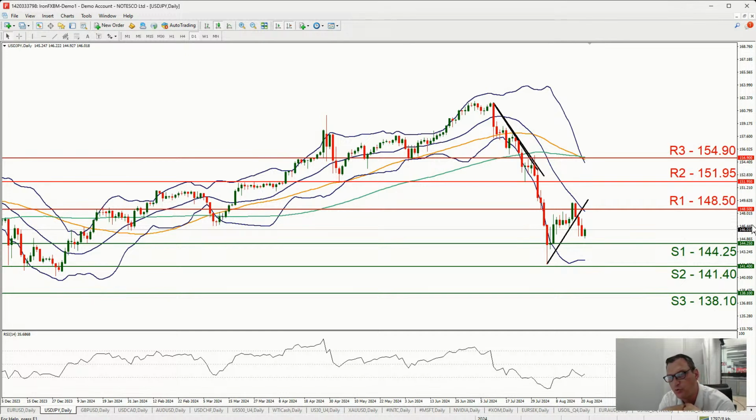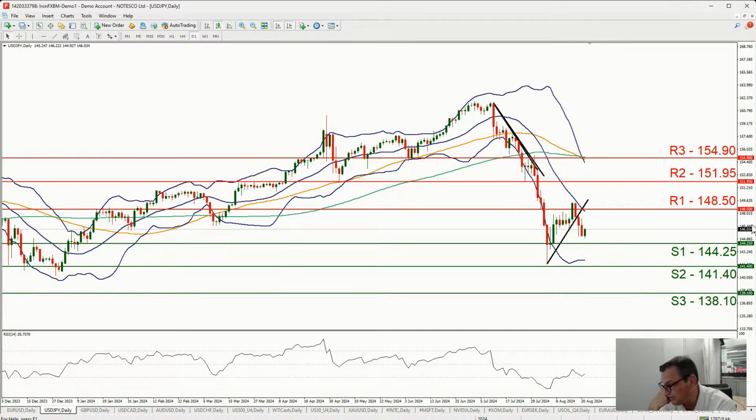However, that was more a result of USD losing ground rather than JPY strengthening. On Friday, we may see JPY gaining independently somewhat. And always bear in mind that on Friday we also have the Jackson Hole Symposium, so it's expected to be a quite busy day for JPY.